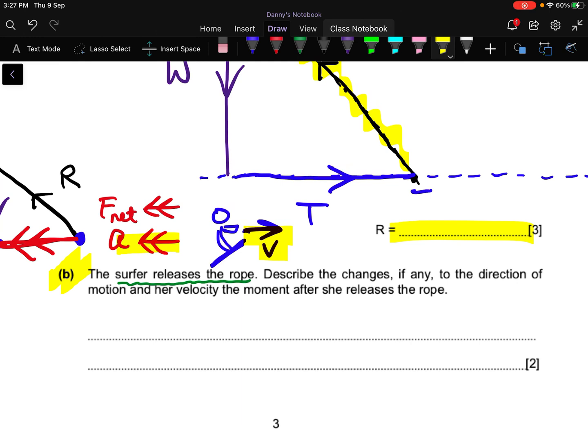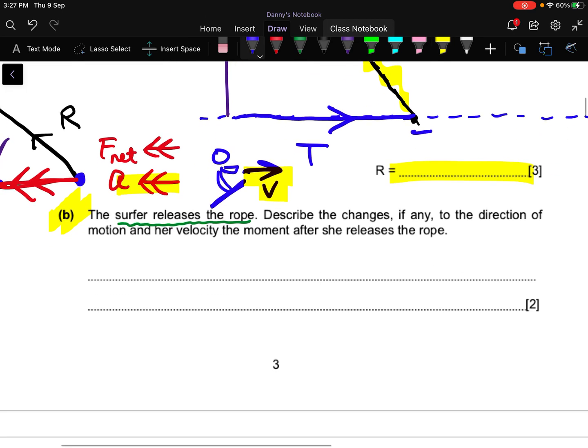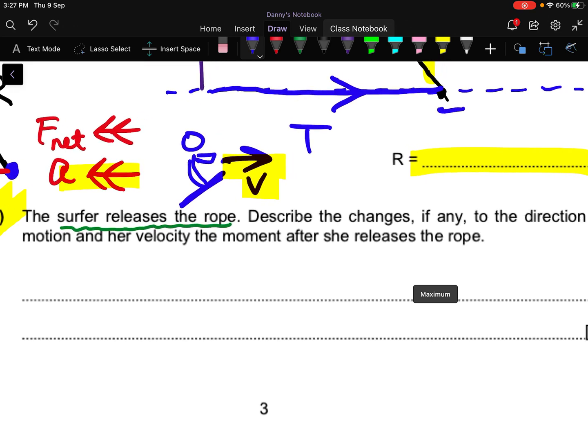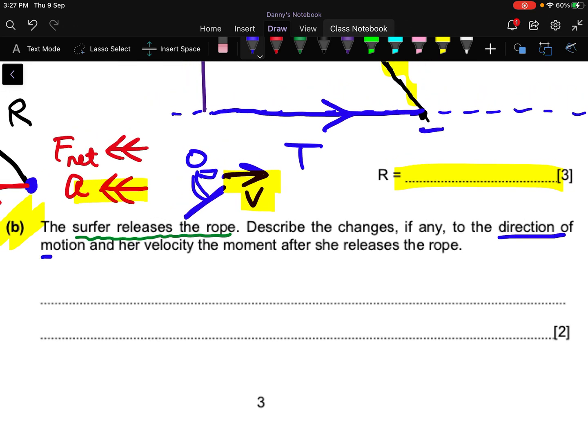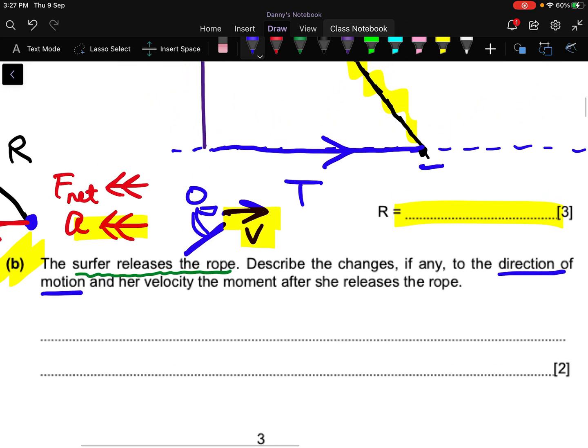Refer to your kinematics notes and you will see that if A and V are of different sign, it is slowing down. If A and V are in the same direction, it will be speeding up. So the answer to this question is the direction of motion remains the same, right?